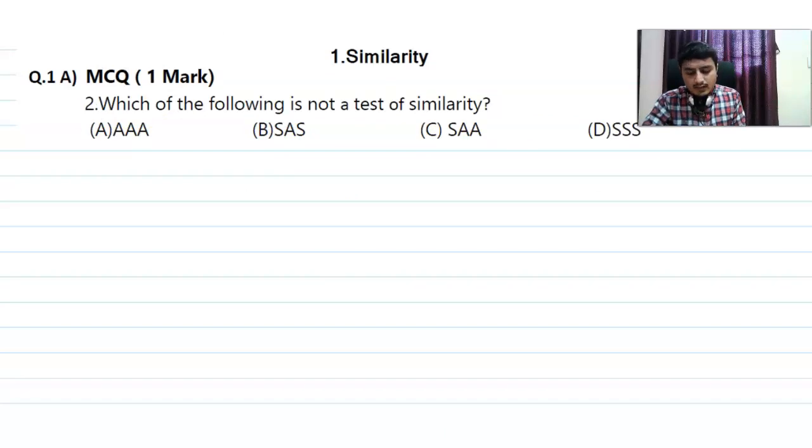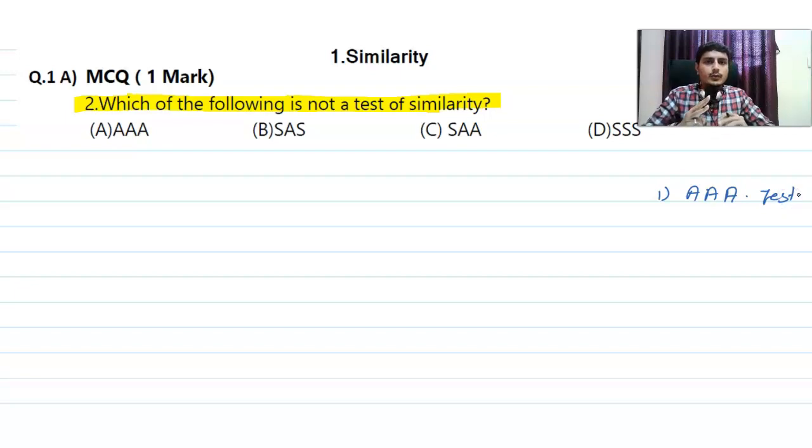Now look at the second MCQ. Which of the following is not a test of similarity? So we have, there are 4 tests of similarity. First is the AAA test. That means once the 3 angles of a first triangle are congruent to corresponding 3 angles of the other triangle, then the triangles are said to be similar by using the AAA test.